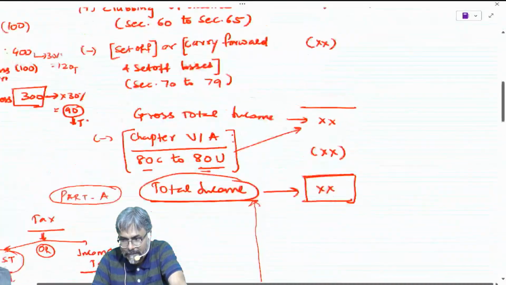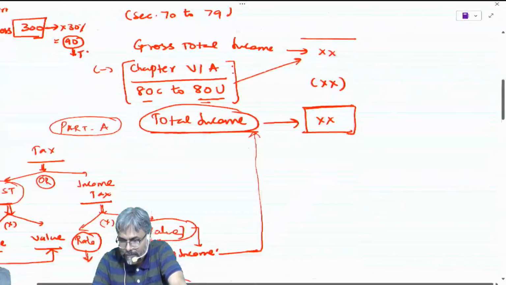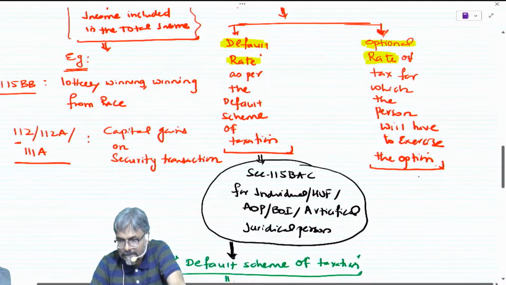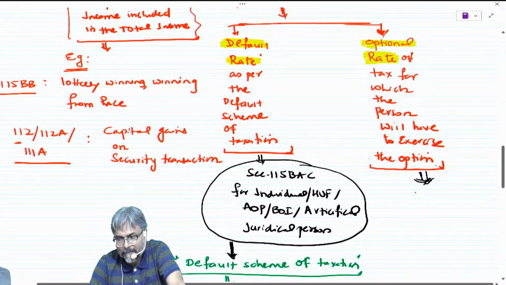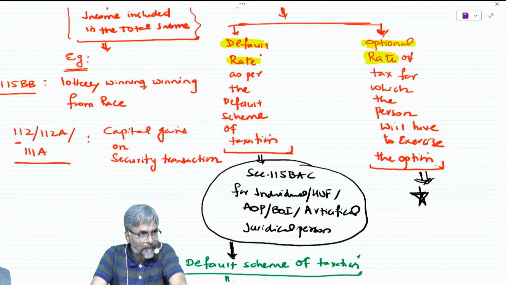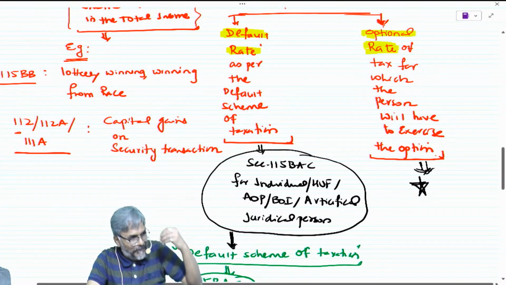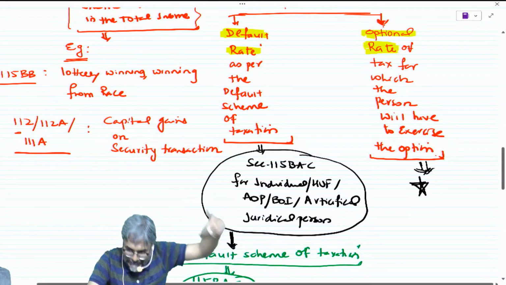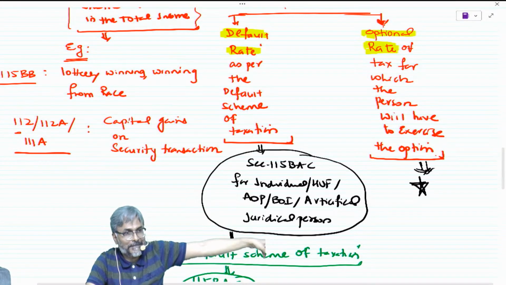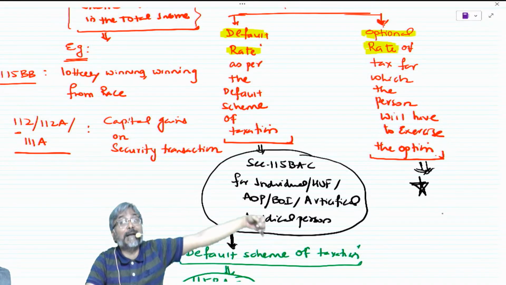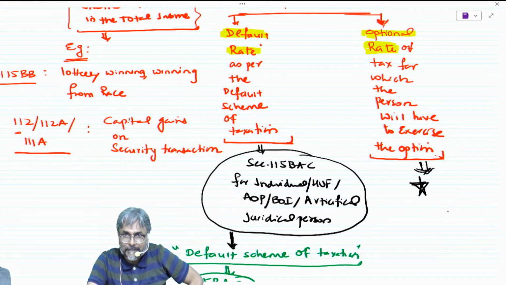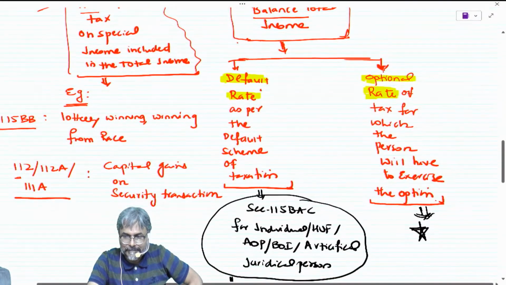The optional scheme is still left, so put a star, otherwise you'll forget. We have to do it tomorrow. What is the optional rate?